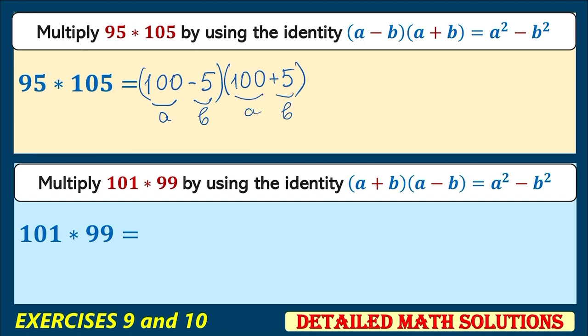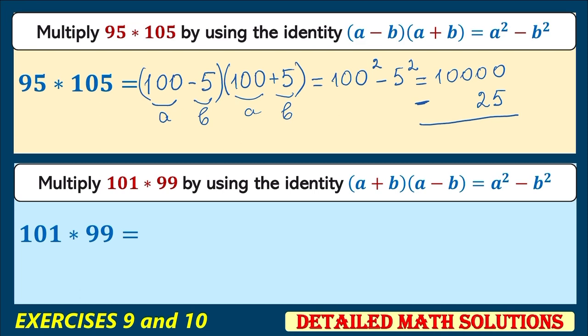When I apply the identity, this equals 100 squared minus 5 squared, which equals 10,000 minus 25. I'm going to write both numbers in a column format so I can subtract easier.